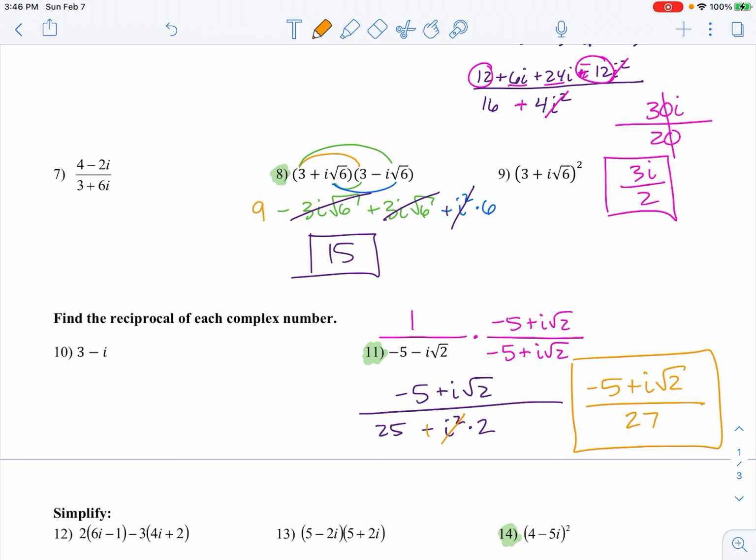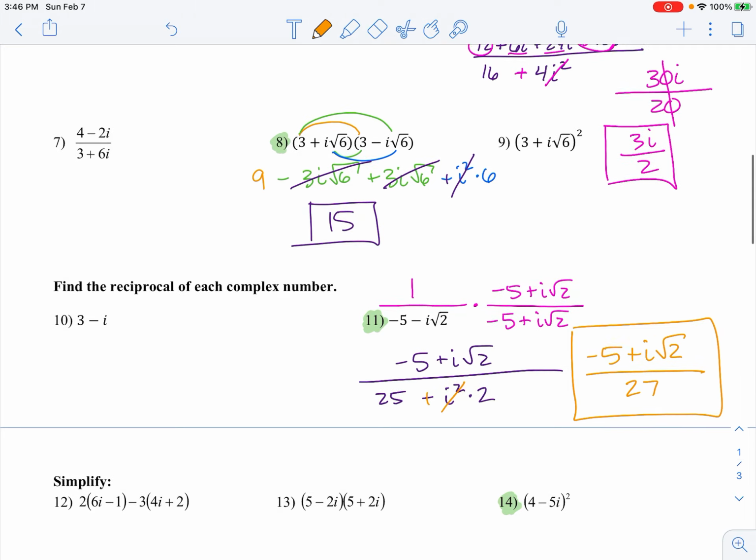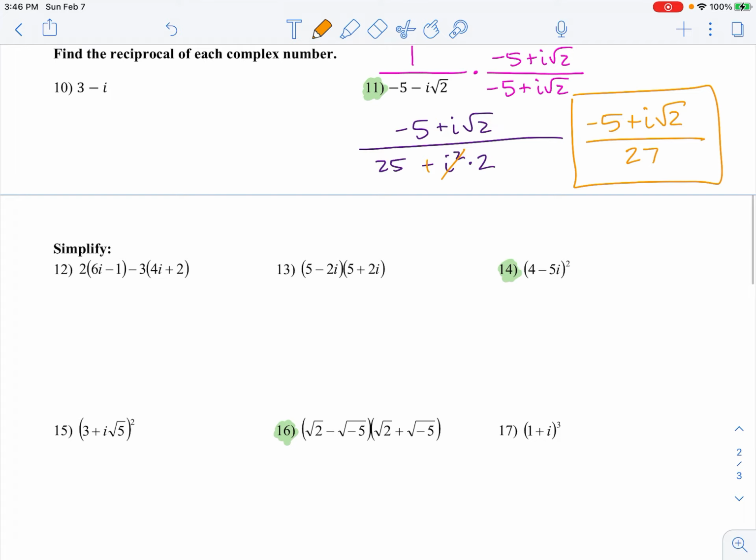A couple more just to emphasize a few more points on the second page here. All right, let's see. We have this whole thing squared. So I need to make sure I multiply this all out. I'm going to get 16 minus 20 minus 20 is going to give me minus 40i. And then I'm going to have plus 25i squared.